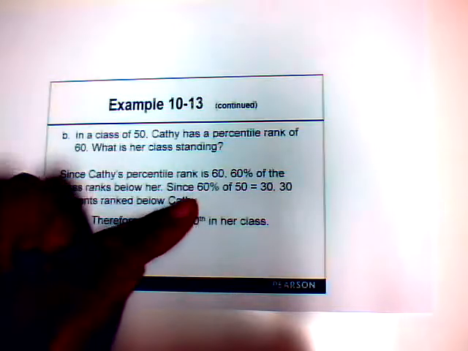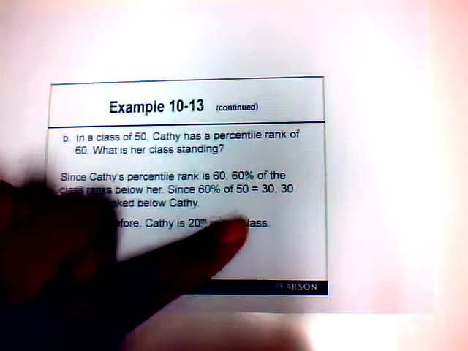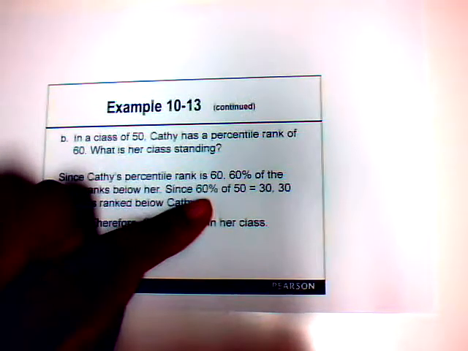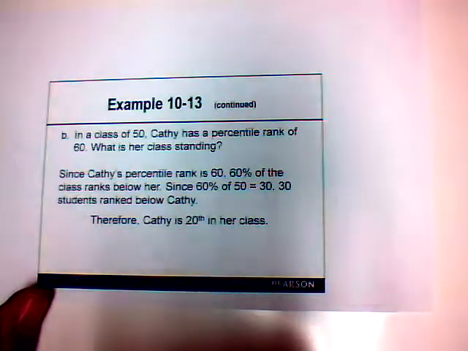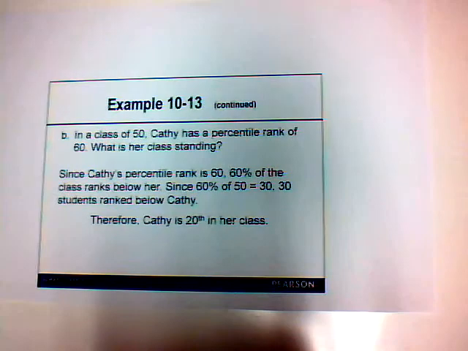So you take 60% of the number in the class, which is 50. 60% of 50, or 0.60 times 50, will give you 30, which means 30 students ranked below Kathy. Subtract 30 from 50, you're going to get 20. So Kathy is 20th in her class. That's her ranking.